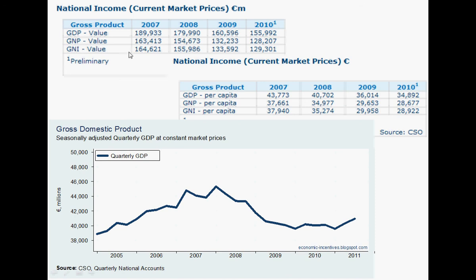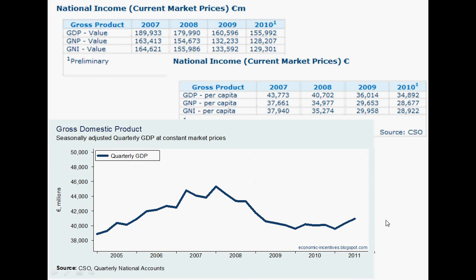We can see that GDP peaked in 2007 at almost 190 billion, and since then it's been falling, and fell most dramatically in 2009 and again fell in 2010. There are suggestions that into 2011 it is beginning to stabilise. So during 2008 and 2009 it fell quite rapidly, 2010 sort of flatlined, and the start of 2011 has seen a bit of an upswing.